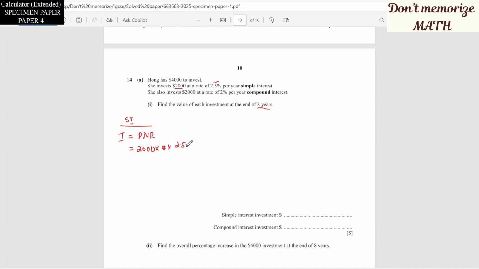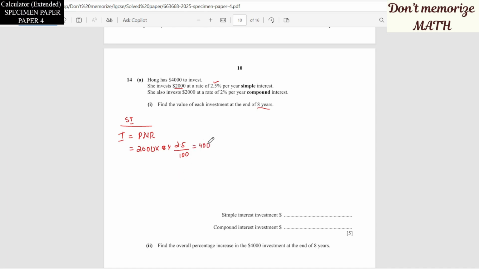You can directly use the percentage sign on the calculator, otherwise write 2.5 divided by 100. 2.5 percent is the same as 2.5 divided by 100. So use the calculator: 2000 times 8 times 2.5 divided by 100, and you will get 400.